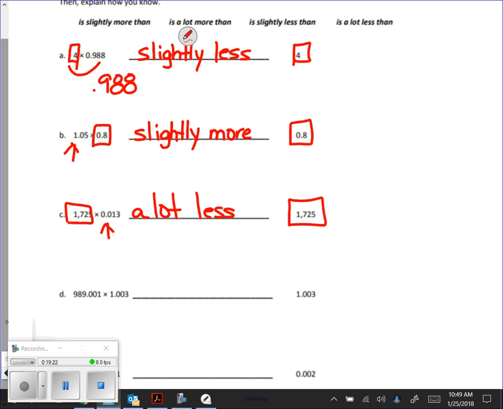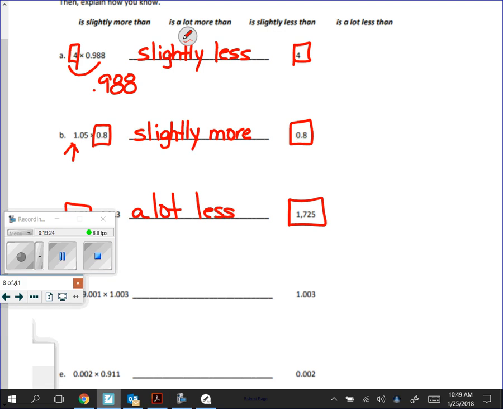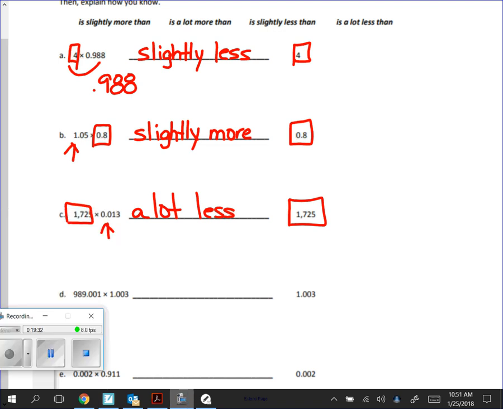So I want you to do D and E, and then we'll come back and check if you haven't already done it. I'm giving you a second to work it. Okay. So what goes in this blank? Go ahead and tell me. A lot more. We have 1 and 3 thousandths.